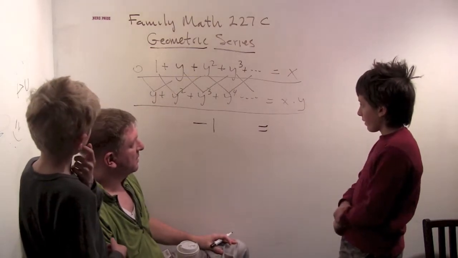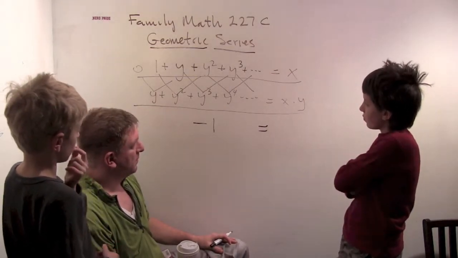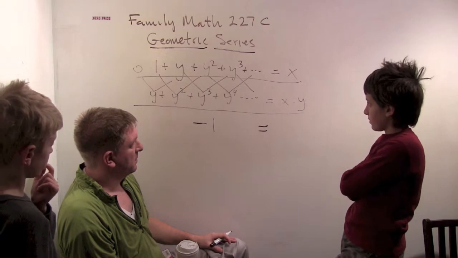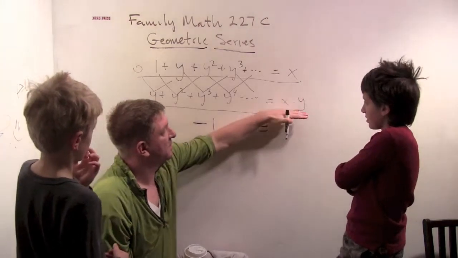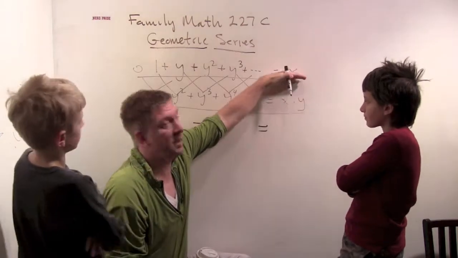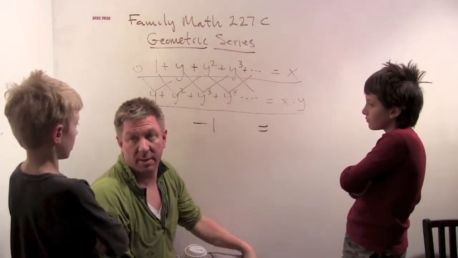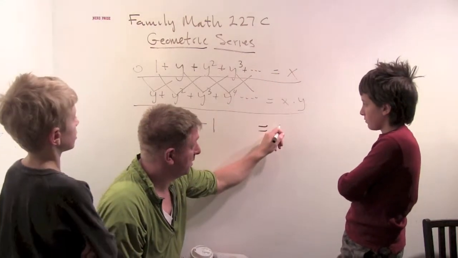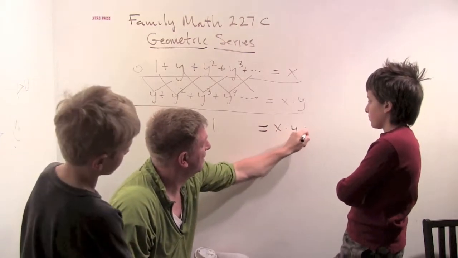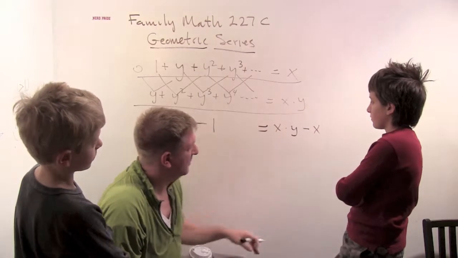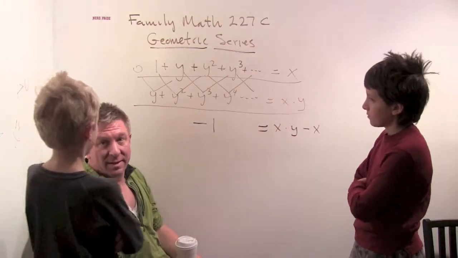Well, it's x times y minus the x. It's this, x times y, minus that x. Does that make sense? Yeah. Okay, let me write: x times y minus x.